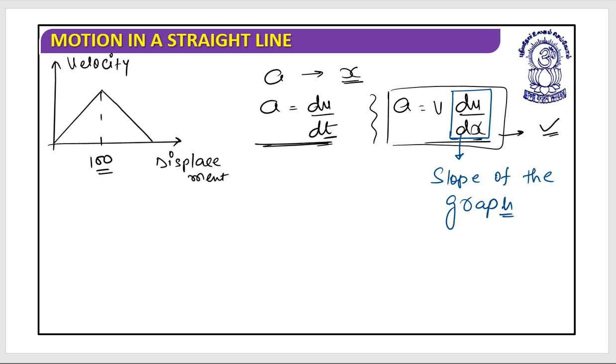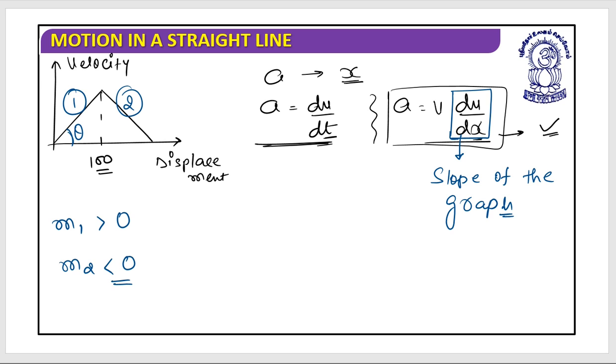Now, if I segregate this into two parts, for the first part this is theta, the slope m1 of the first line would be greater than 0, and the slope of the second line would be less than 0.